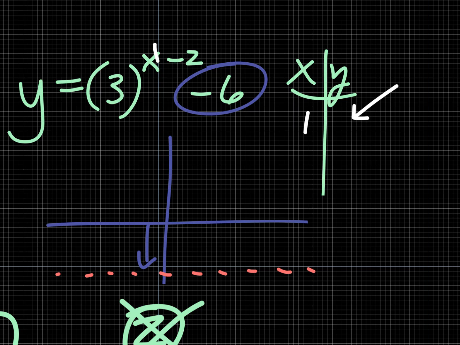So if I put in a 1, what's 1 minus 2? It's negative 1. Don't be scared of that. 3 to the negative 1 is 1/3. Now, if you need to, at that point, use a calculator to take 1/3 minus 6. I understand, and the calculator will be allowed in the test. So what's 1/3 minus 6? I can do it.